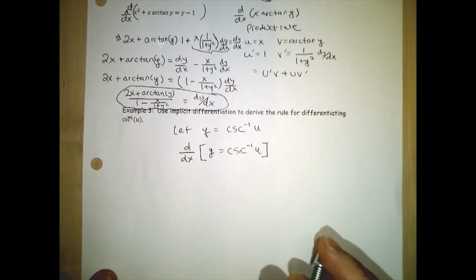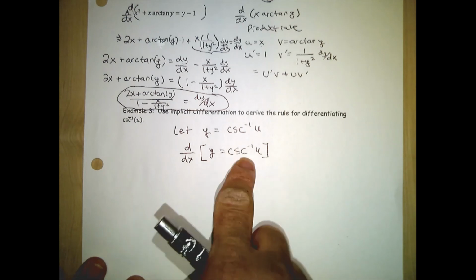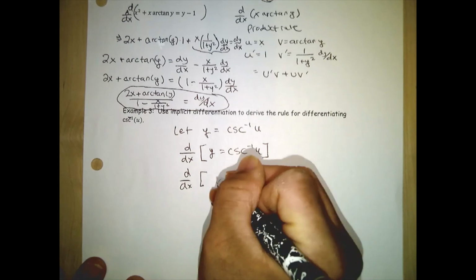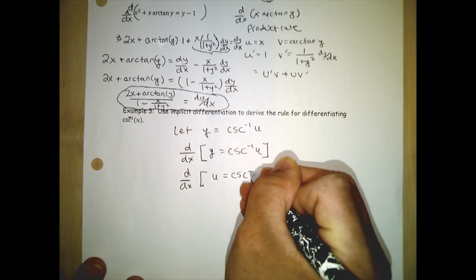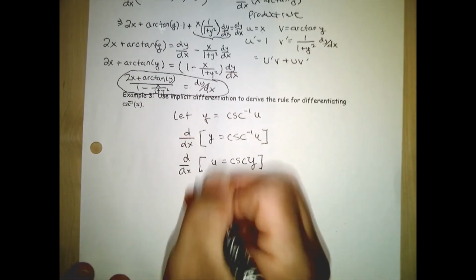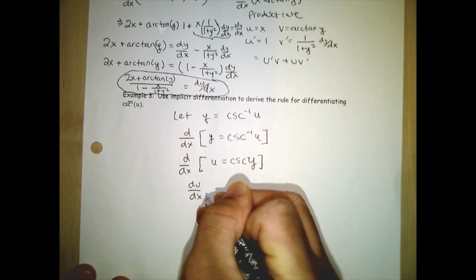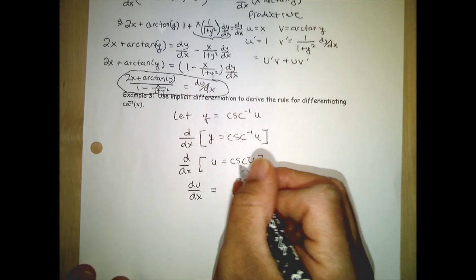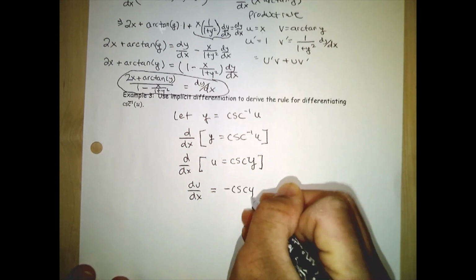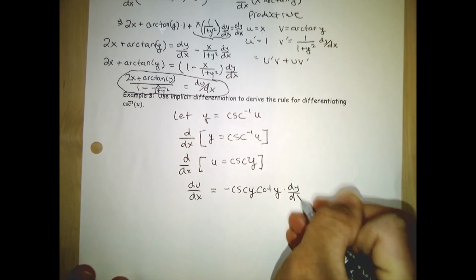All right, so now I know that y is equal to the cosecant inverse of u is equivalent to u is cosecant of y. All right, so then the derivative with respect to x of u is du dx, and the derivative with respect to x of cosecant of y is negative cosecant of y, cotangent of y, dy dx.